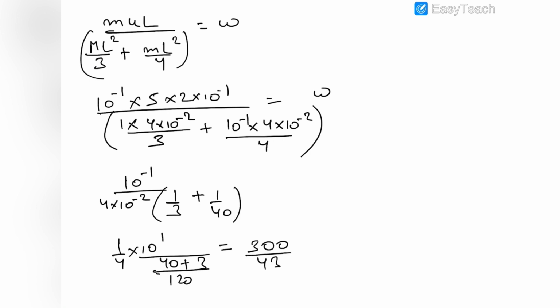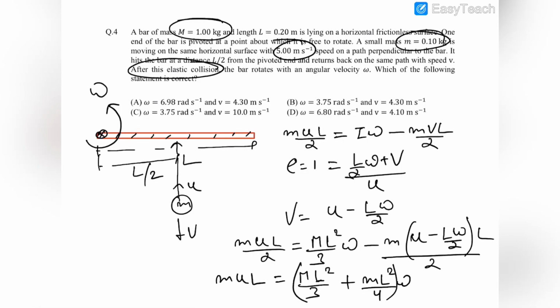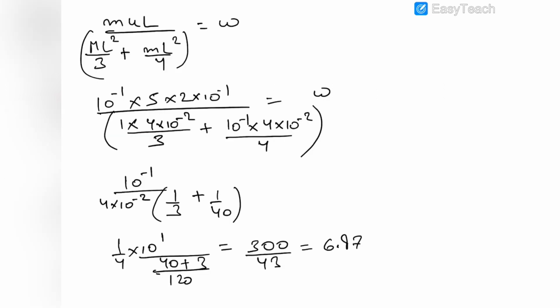So 300 divided by 43 is approximately 6.97. So the correct answer would be A, in which omega is 6.98. We do not need to calculate v, and if you wish to calculate v, you can substitute the value of omega here. Now we move on to the next question.